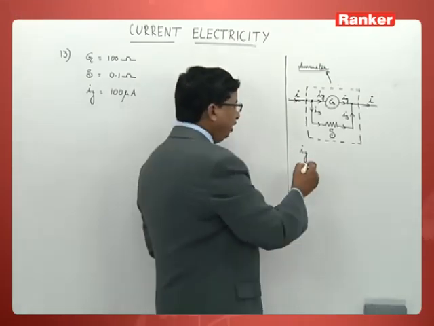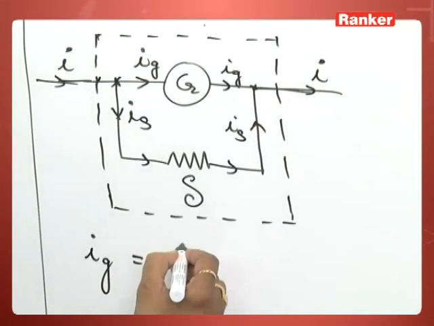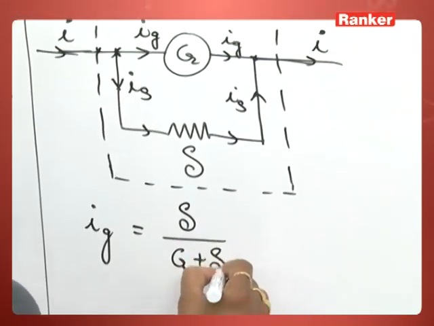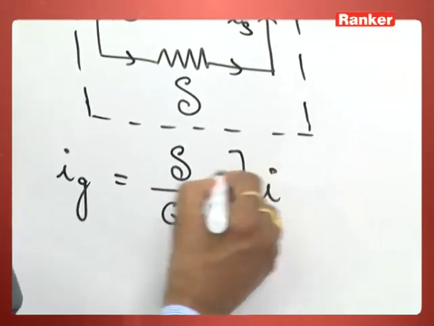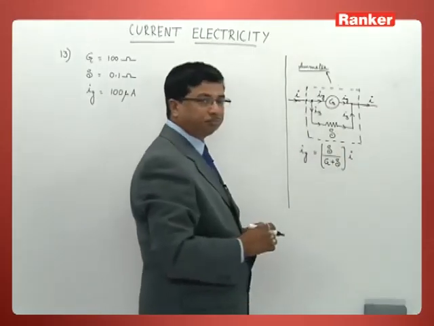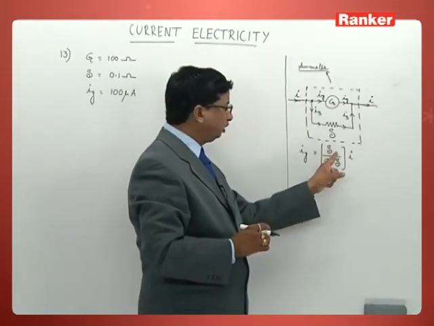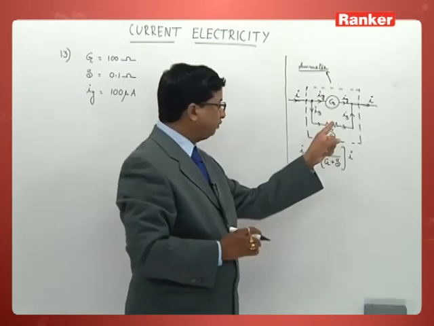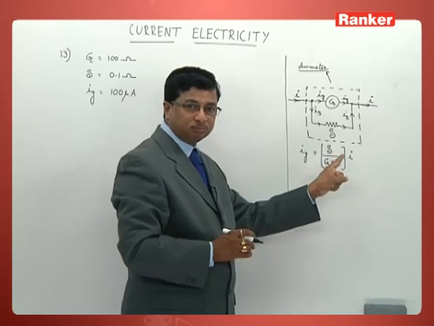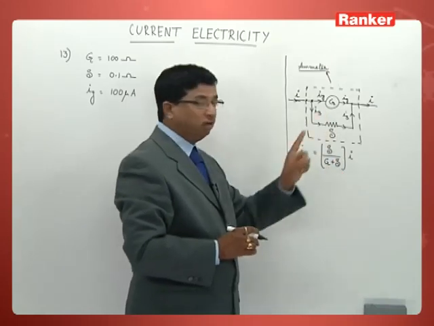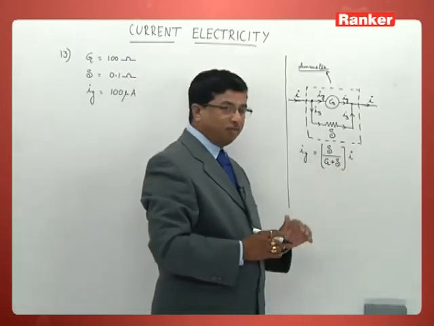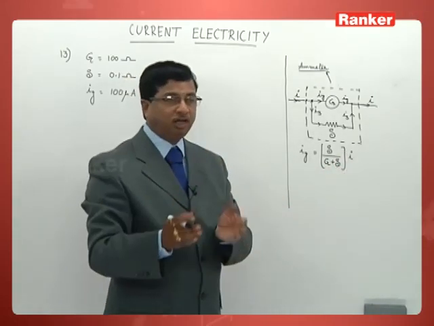And this Ig has a formula which all of you know: Ig = S/(G+S) × I. Observe carefully what is what. S gives you the resistance connected in parallel. G gives you the resistance of the galvanometer. I tells us the total current across the system.